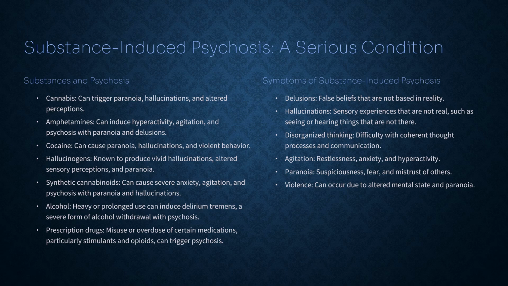Hallucinogens like PCP are again very uncommon here, but after taking PCP, patients do have vivid hallucinations and altered sensory perceptions. Synthetic cannabinoids are also becoming very common, in the form of gummies or different types of sweets, and in this area bhang and everything is also quite common. That can mostly cause severe anxiety and agitation, but proper psychotic hallucinations can also occur.